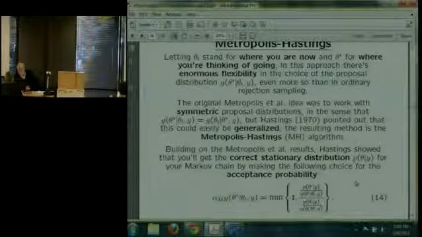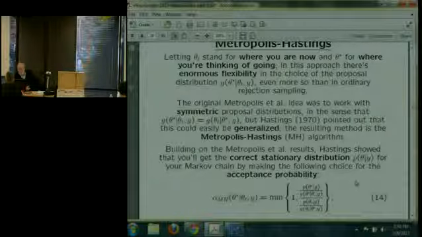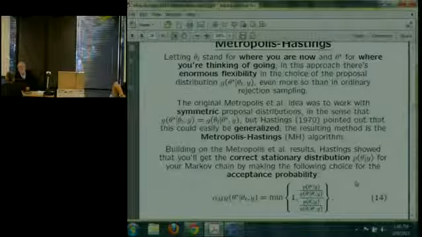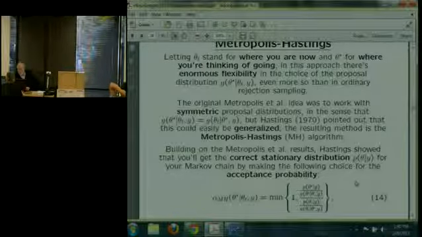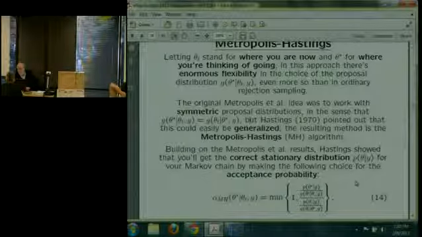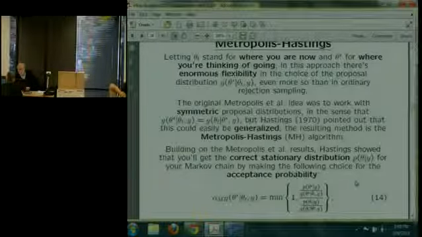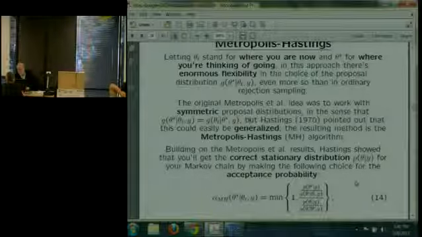So it turned out Hastings was able to show that a simple story in which you're making a ratio of ratios involving comparing the height of the proposal to the height of the target will allow you to use asymmetric proposal distributions as well.